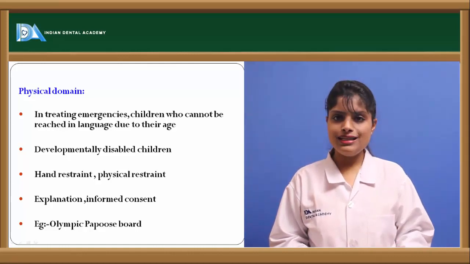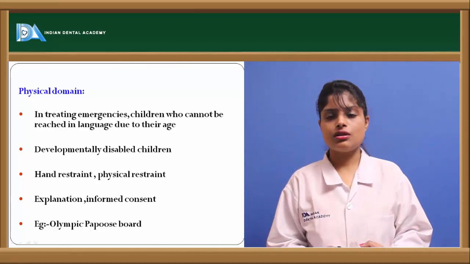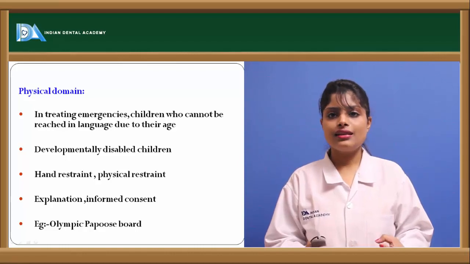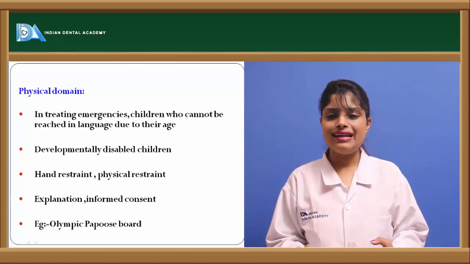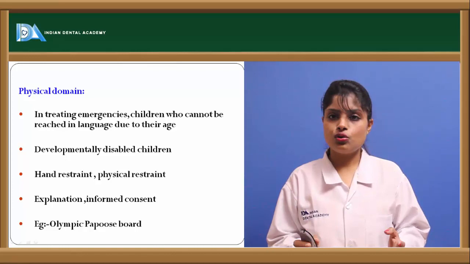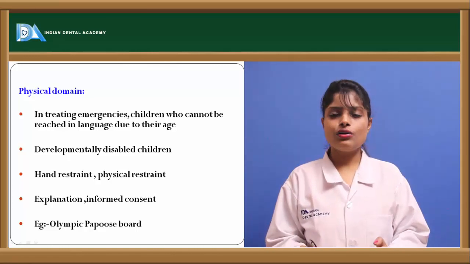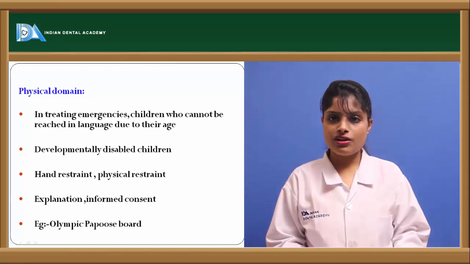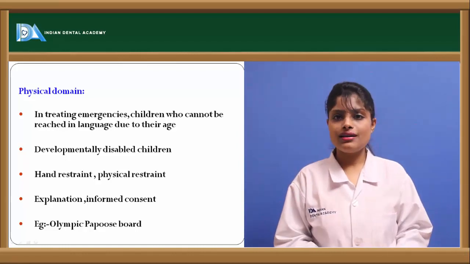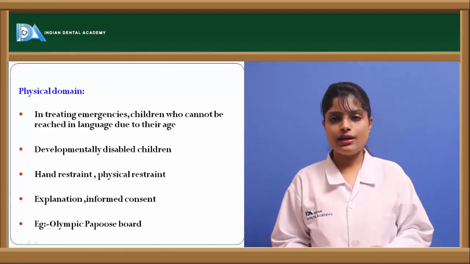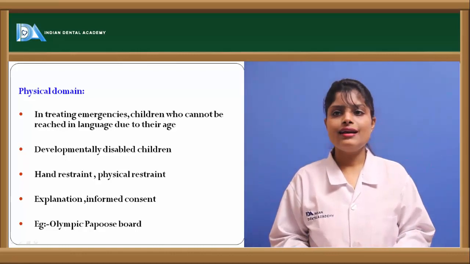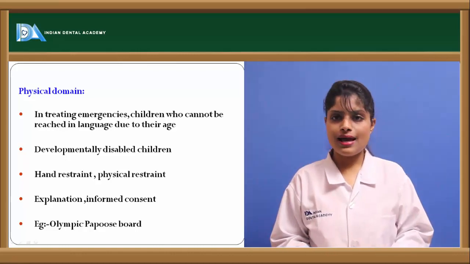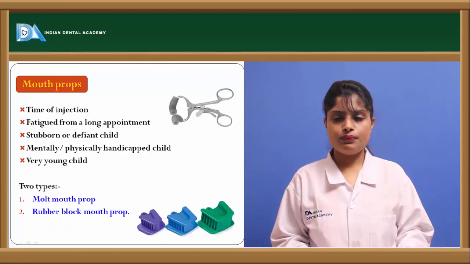That is, by means of physical restrictions, their arms and feet and their body are restricted from any unwanted movements, so that the dentist can operate on the child easily and efficiently. Such restraints can be body restraints, limb restraints, restraints of the head, etc. For example, the papoose board.